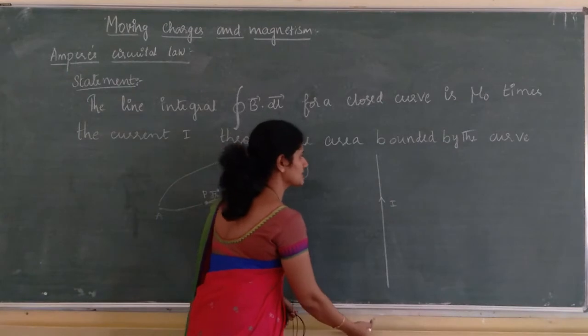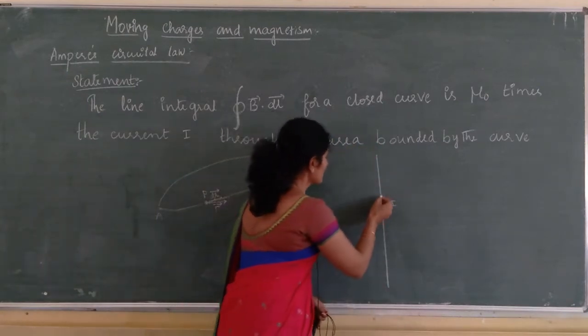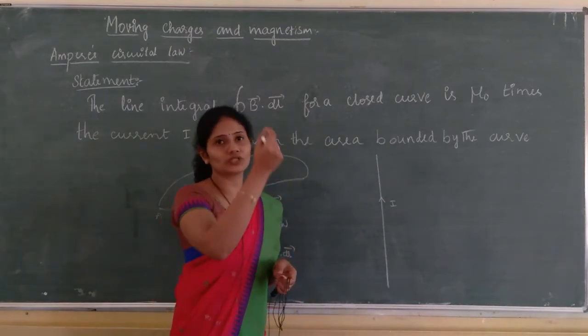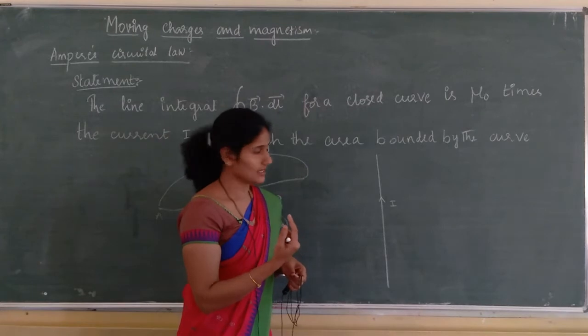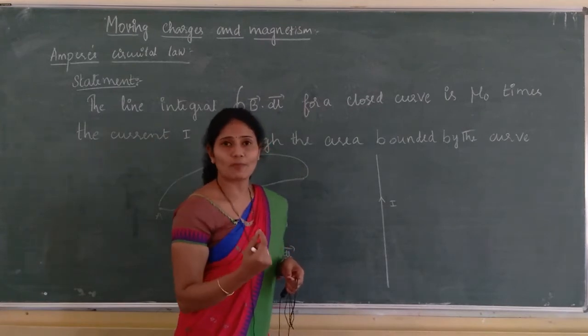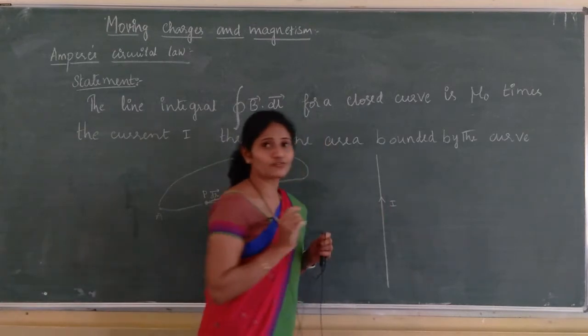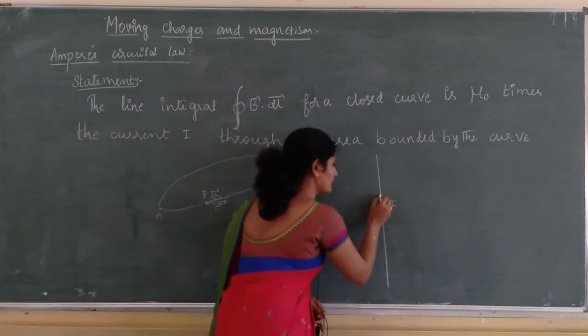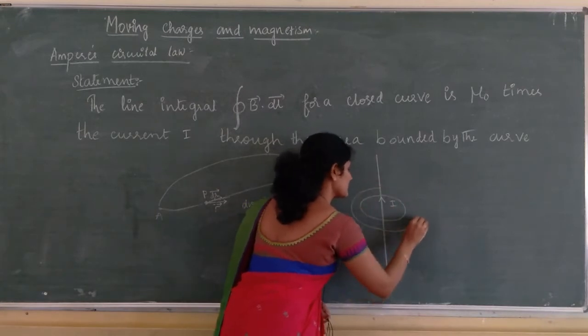Current is flowing in this direction. We know that when current flows through the conductor, around the space we have a magnetic field, because the source of this magnetic field is nothing but the electric current. So the magnetic field lines are like this.